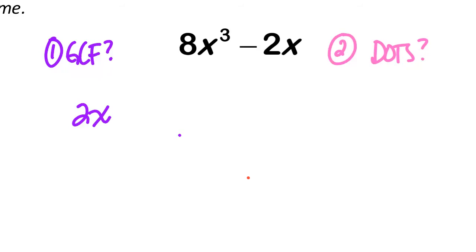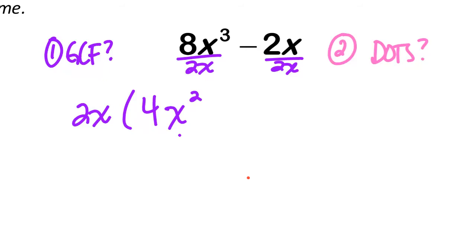I can take out a 2x, so if I divide by 2x from both of those, what am I going to get? 8 divided by 2 gives you what? 4. And then x cubed divided by x is going to be what? X squared. And then minus 2 divided by 2 is 1. X divided by x is 1. So this is just going to be a 4x squared minus 1.